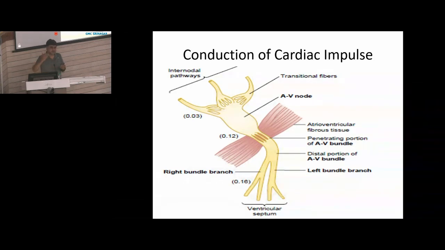You imagine that if the impulse travels slowly through this huge ventricular muscle mass, different components of the muscle can contract slowly one after another, and that may not result in one efficient forceful contraction.